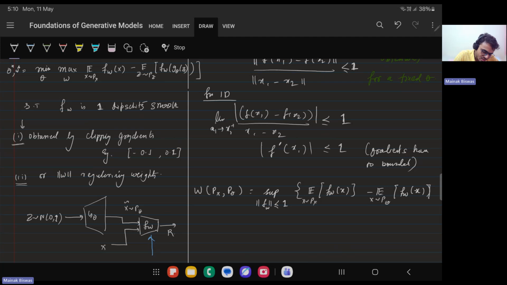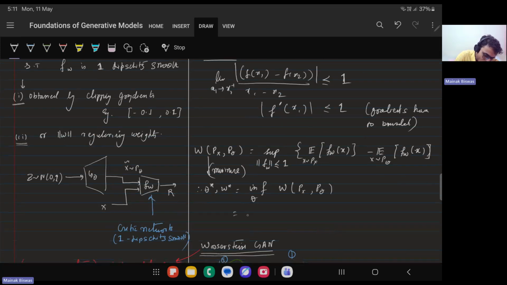So now this is just the distance. Therefore, theta star is equal to the infimum over theta. That is, you're trying to also minimize the distance. You'll have to minimize this as well. Minimize the distance, so minimize over theta of W of Px comma P theta.